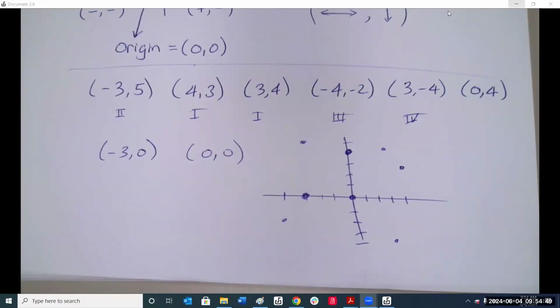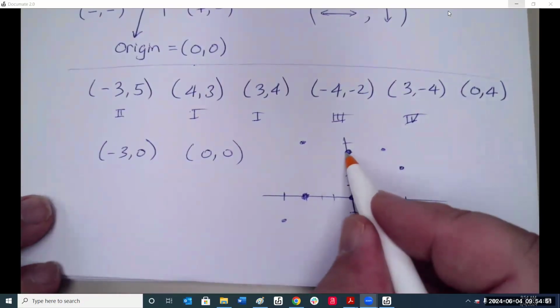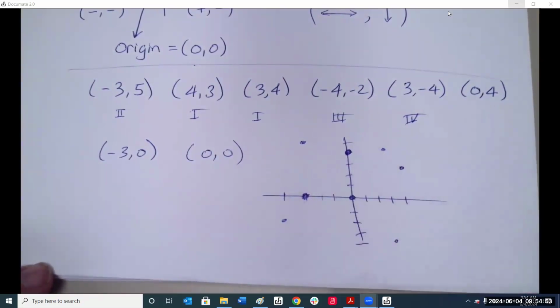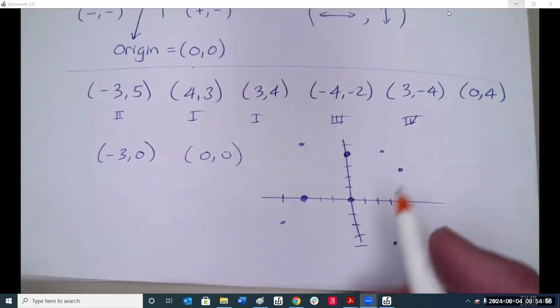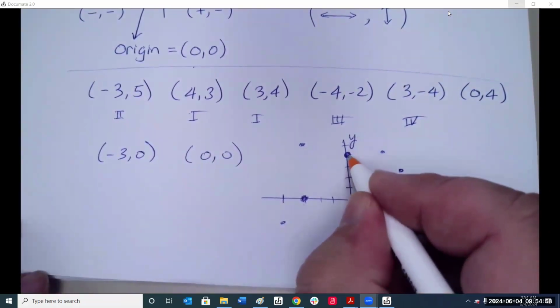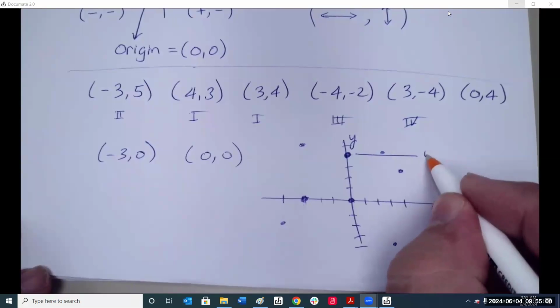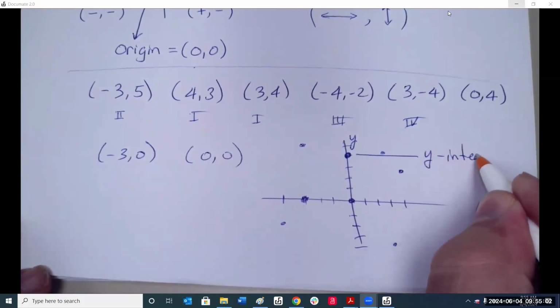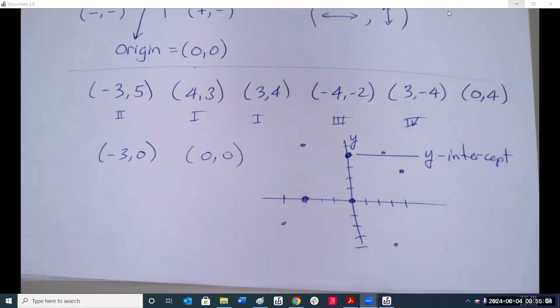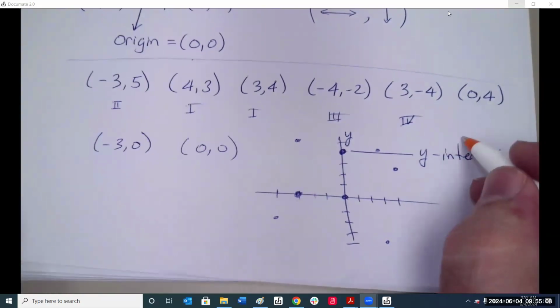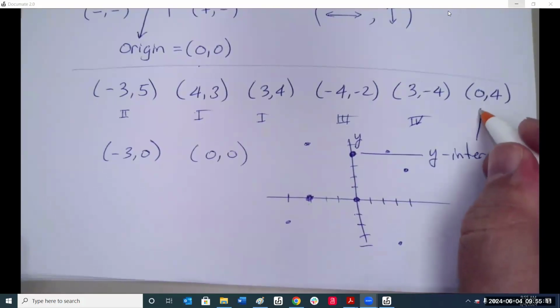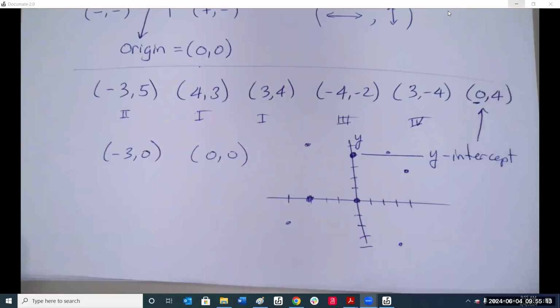So far, so good. These, if they land on the axis, they have another name. If it lands on the y-axis, it's called a y-intercept. You notice the y-intercept, the value of x is 0.